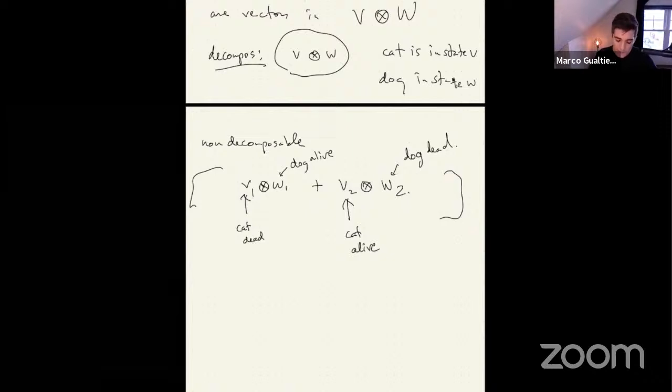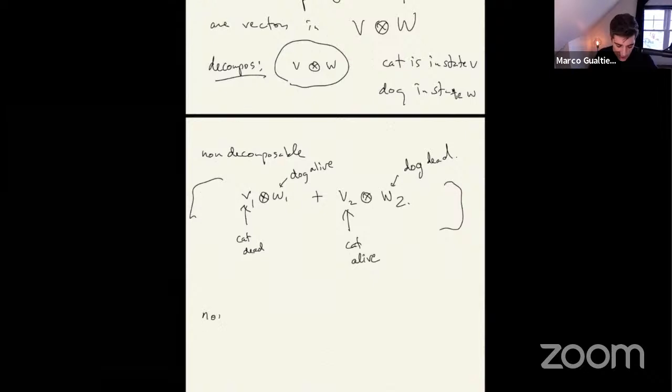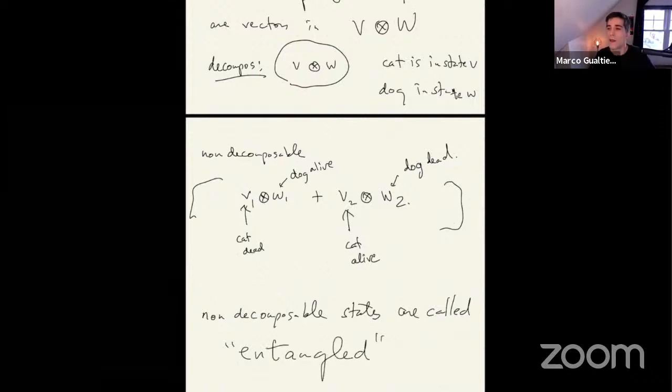Okay. And so these states, which are not decomposable, are called entangled states. And the reason they're called entangled states is because it is not the case that one system is in a particular state and the other system is in another particular state.